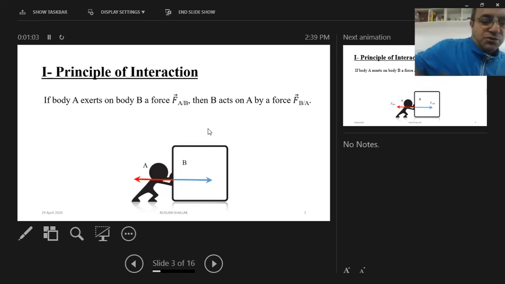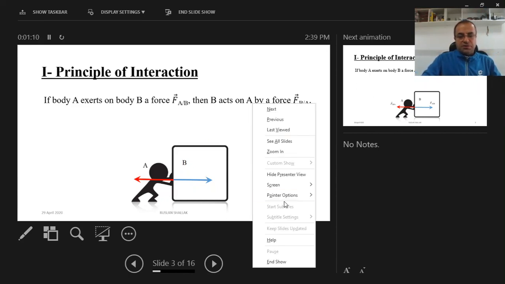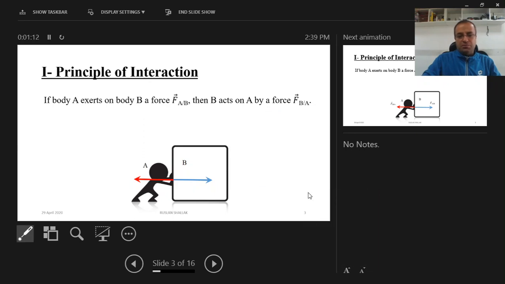These are the two forces: the force exerted by A on B and the force exerted by B on A. The blue one is the force exerted by A on B. The man is trying to push the box by this force to the right, while the box also tries to oppose this force of the man.